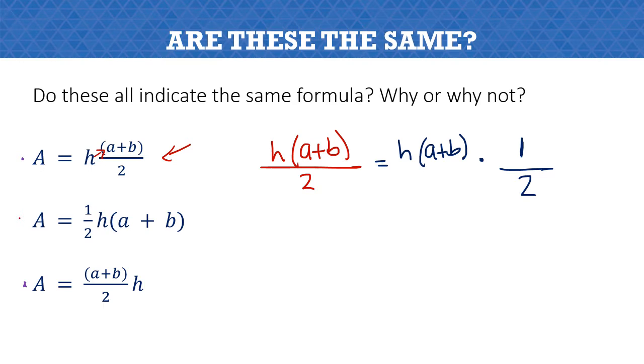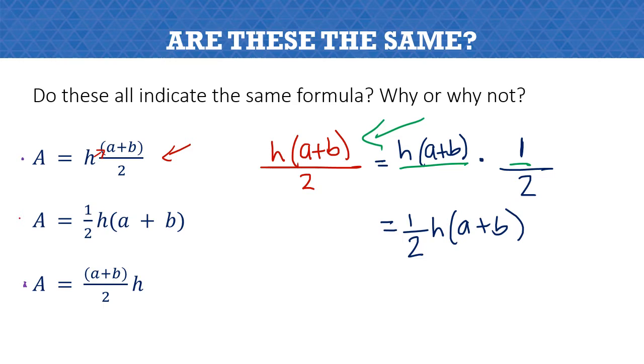Because if we were to multiply h times a plus b times 1, that would just give us what we had back over here. Now, we know that with multiplication we can switch things around and it still gives us the same thing. So h times a plus b times 1/2 is the same thing as 1/2 h times a plus b.